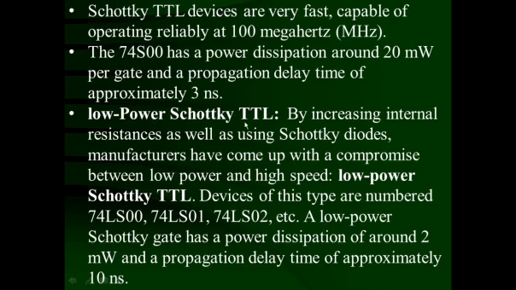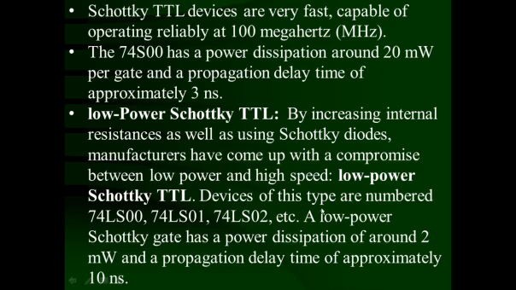And the last one is known as the low power Schottky TTL. By increasing internal resistances as well as using a Schottky diode, manufacturers have come up with a compromise between low power and high speed, which is known as a low power Schottky TTL.